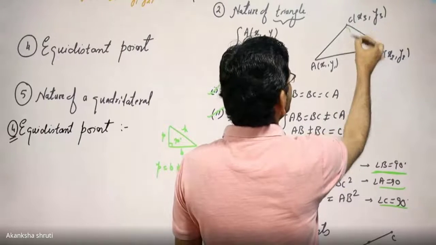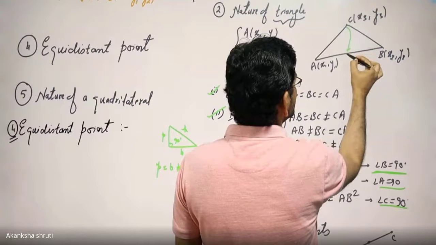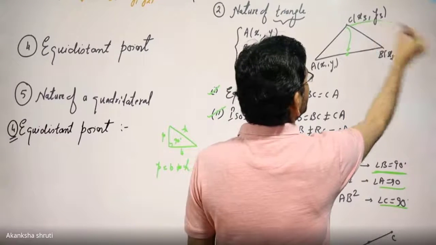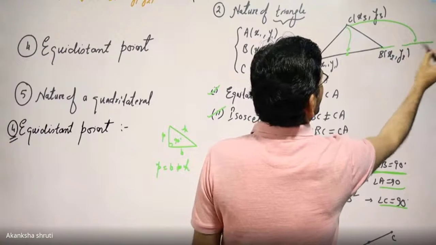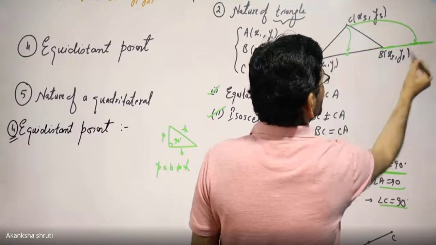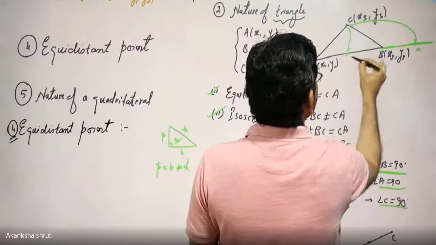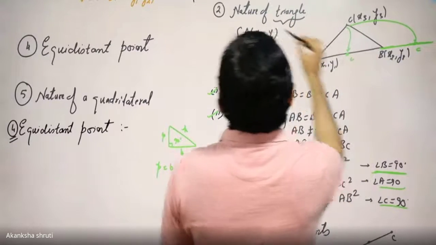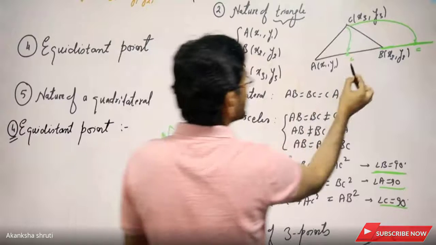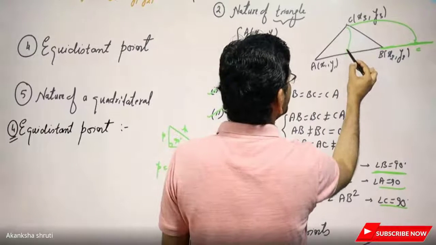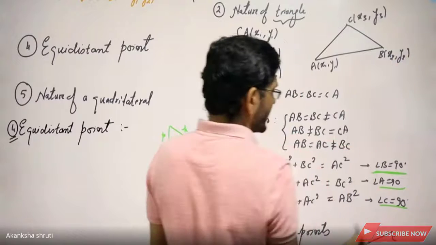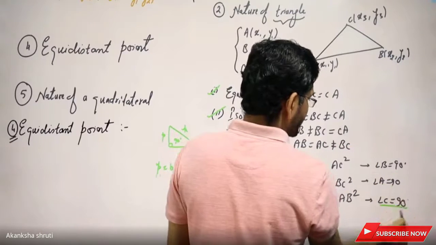This point C may lie in between these two, or it may be possible that C is lying here, on the extended part. When these 3 points are on the same line, a triangle will not form, and such points are called collinear points.